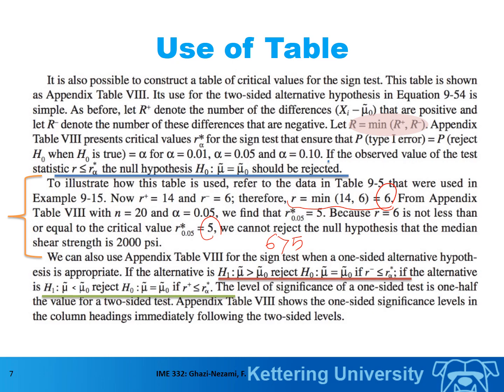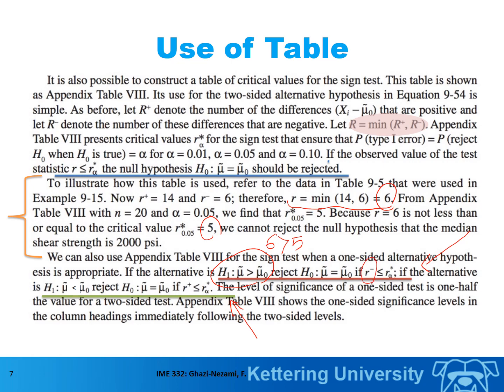But the question is, what should I do if I have a one-sided test? Depending on the type of test that we have, our rejection criteria might differ, and I have marked it with red and green in this slide. If I have a one-sided, upper-sided test with H1 looking like this, I will reject my null hypothesis if the number of negative differences is less than the threshold.